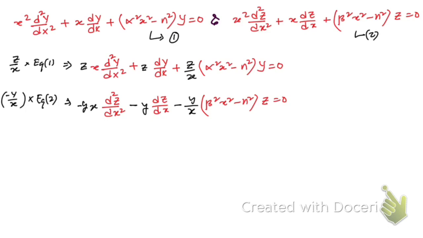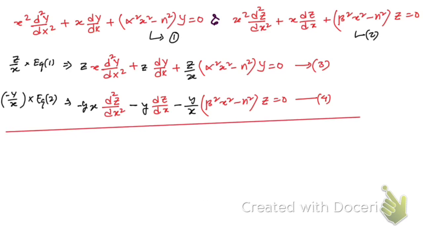Now you see, let me write this is equation number 3, and this is equation number 4. Okay, now if we add equation number 3 and equation number 4, what we're gonna have, now here you see, from these two terms we can take x common, right?